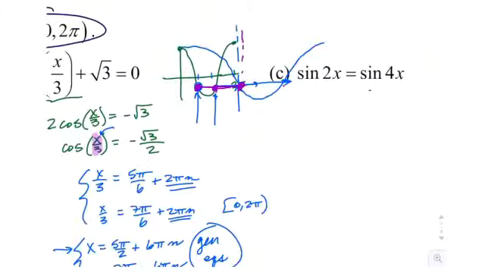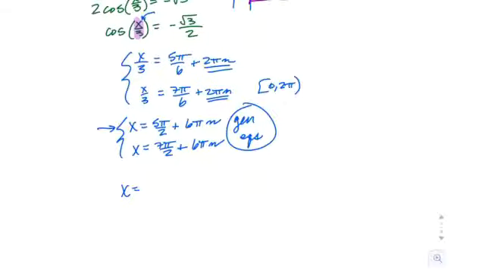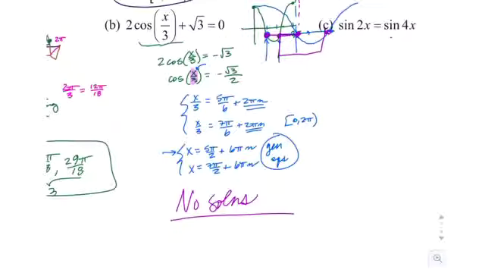And for sure, the next guy, 7 pi/2, gets pushed way over here. So how many solutions do we have between 0 and 2 pi? No solutions. There are still infinitely many solutions, but none between 0 and 2 pi. So you can kind of see how compressing and stretching make a difference on a certain interval.